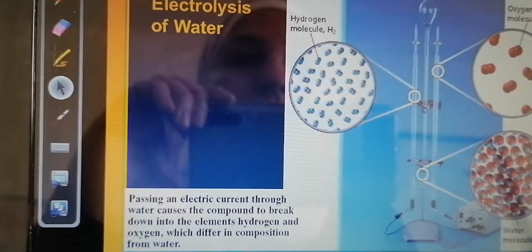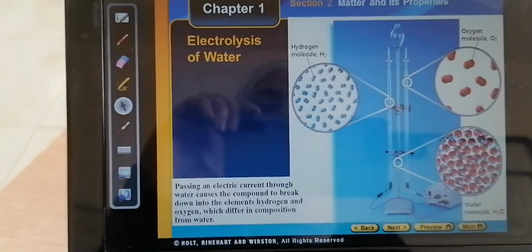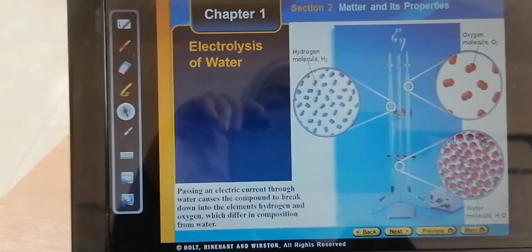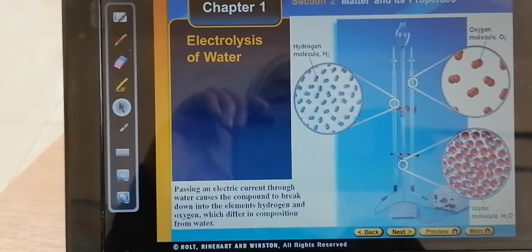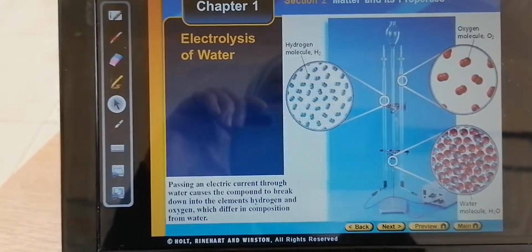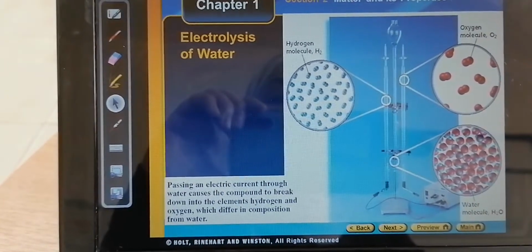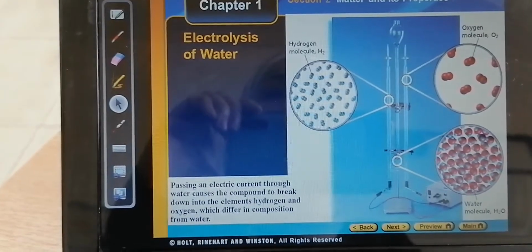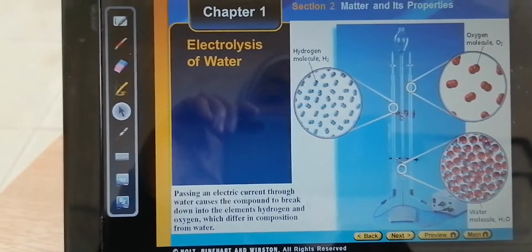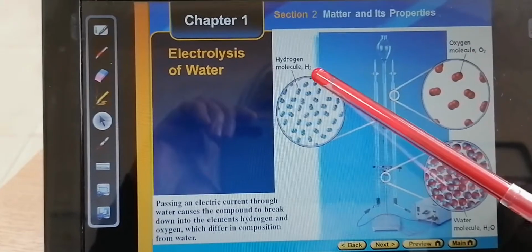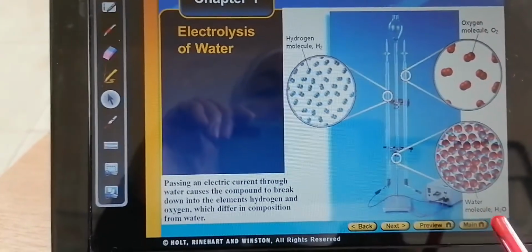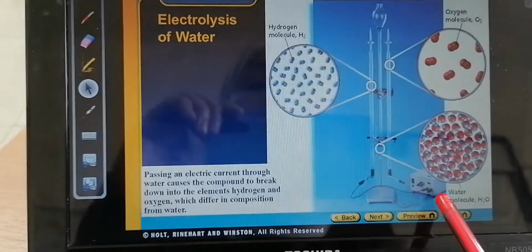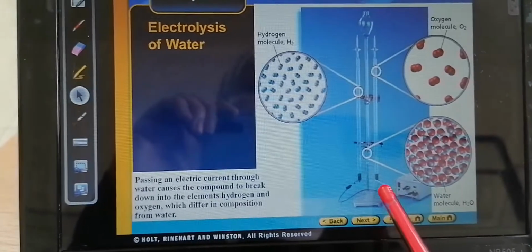Okay, over here, we're going to talk about electrolysis. Now, what do we mean by electrolysis? Electrolysis is a chemical process where liquid water is decomposed into its main components, which are oxygen and hydrogen, through passing an electrical current through water.